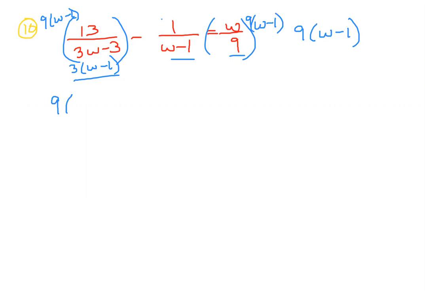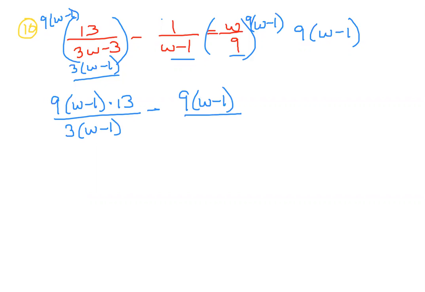It's going to be 9 times w minus 1 times 13 over 3 times w minus 1, minus 1 times that, which is 9 times w minus 1 over w minus 1, equals 9 times w times w minus 1 over 9. And then we've got to cancel things.